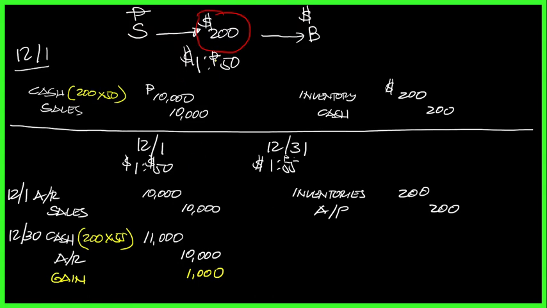Initially, the value is 1 is to 50, so this $200 has a value of 10,000 pesos. But after 30 days, $1 became 55 pesos. So instead of receiving 10,000, you will be receiving 11,000. That is now considered as your forex gain.